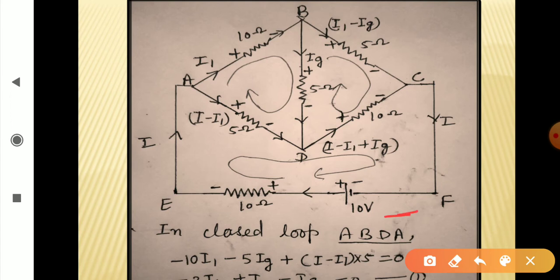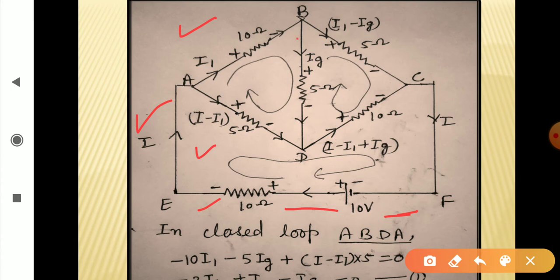So if current is starting from this battery, it first passes through this 10 ohm resistance, and current passes from higher to lower potential. This current I gets divided here in two parts. One part I1 goes to 10 ohm and I minus I1 goes to 5 ohm, right?